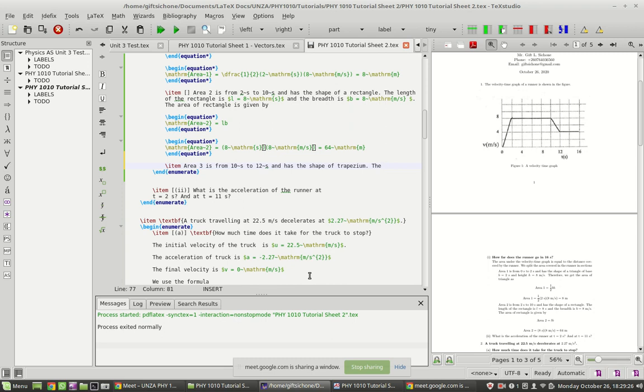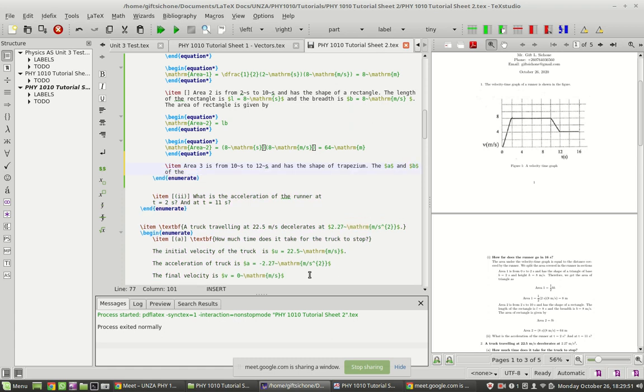The two lengths A and B of the trapezium, what are they?